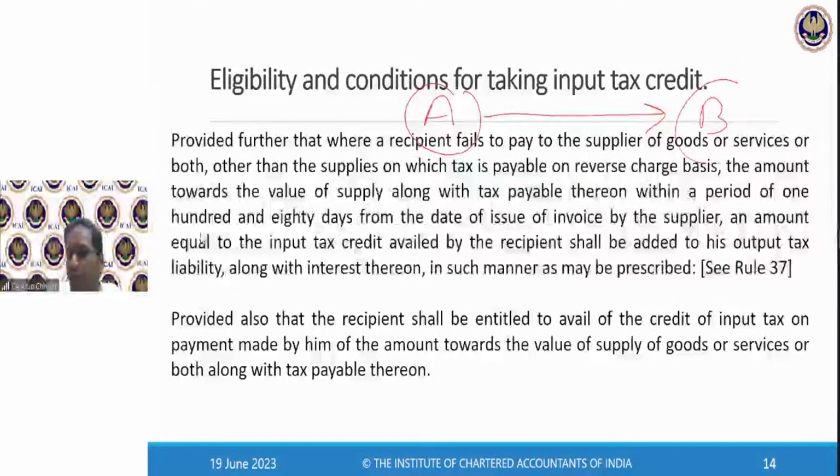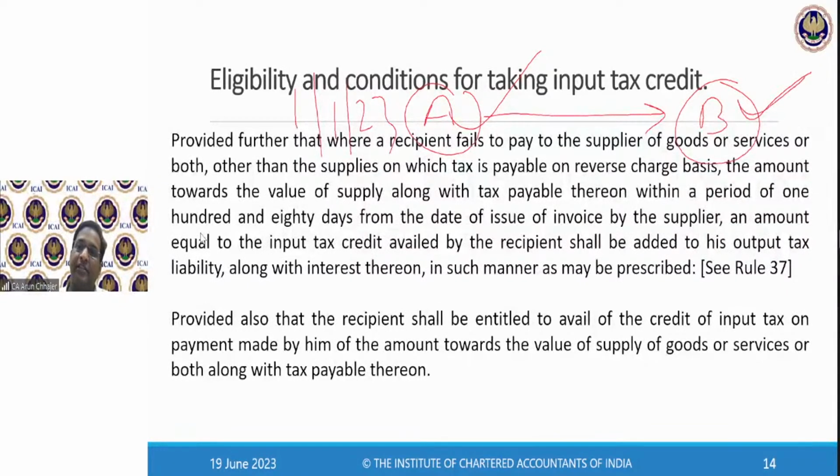A has issued the invoice to B. Let's say it is 1st Jan 2023. He will file the GSTR1 by the next 11th Feb. He will file the GSTR3B by 20th Feb. When B will see the GSTR2B, please note one thing: GSTR2B would be generated only after the 13th. The GSTR2B ITC statement will be generated only after the 13th of the next month, and that will be fixed.